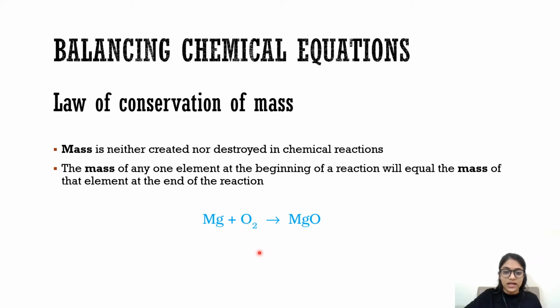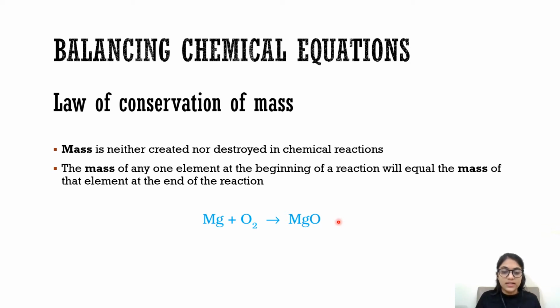So on the left hand side, oxygen has a mass of 32 units. However, on the right hand side, we have only one oxygen atom, and this has a mass of only 16 units. Over here, we see that the mass of oxygen is not the same, and the law of conservation of mass is not fulfilled. If it were to be fulfilled, the right hand side would also have two atoms of oxygen, and this is exactly what we need to balance over here.